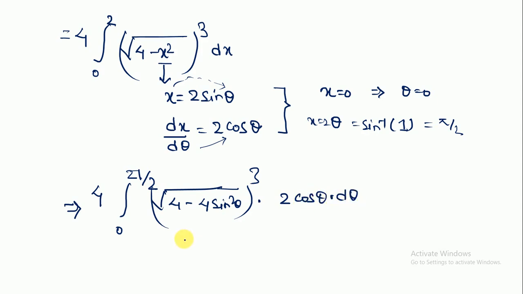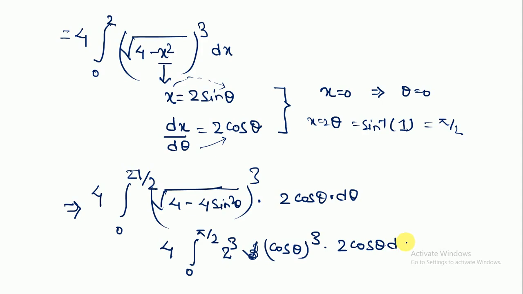Now on solving this, we get 4 integral 0 to pi by 2. Let's take 2 cube common, root under 1 minus sine square theta is cos square theta, so you can easily figure it out as cos theta whole cube into 2 cos theta d theta.